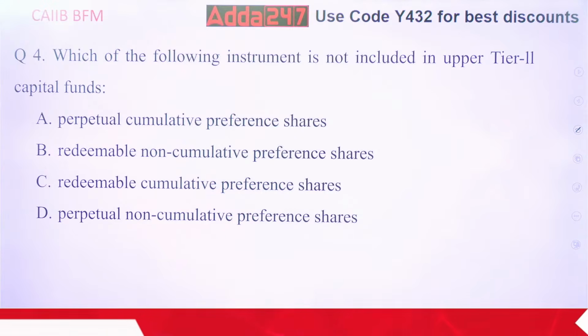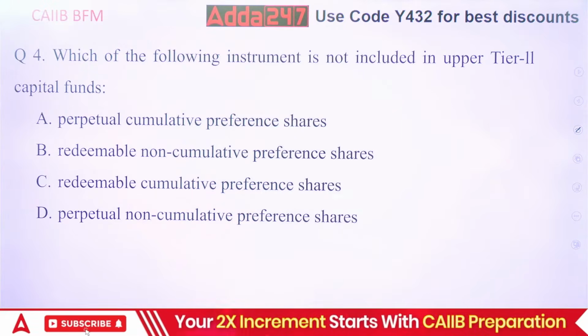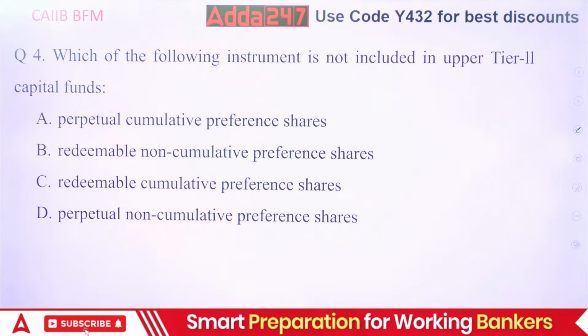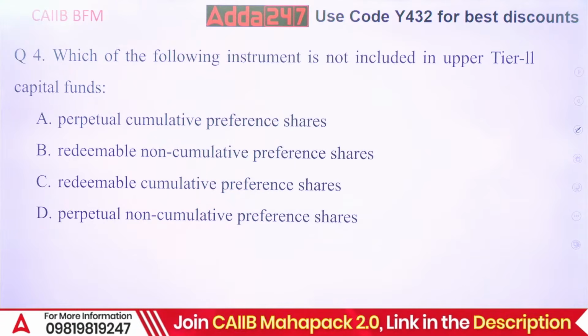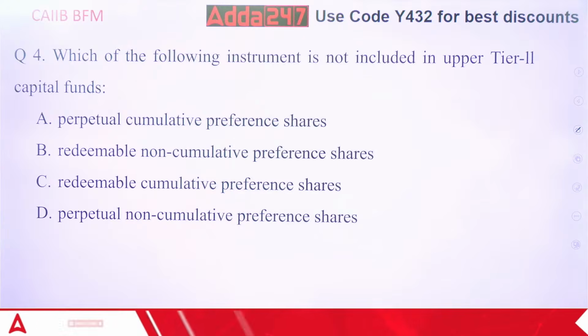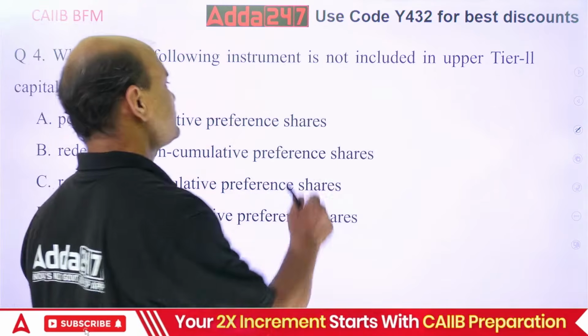Perpetual cumulative preference shares, redeemable non-cumulative preference shares, redeemable cumulative preference shares, perpetual non-cumulative preference shares. So which of them are not included in tier 2 capital?